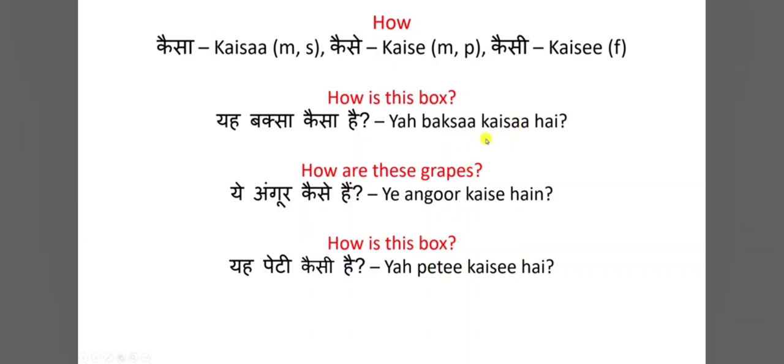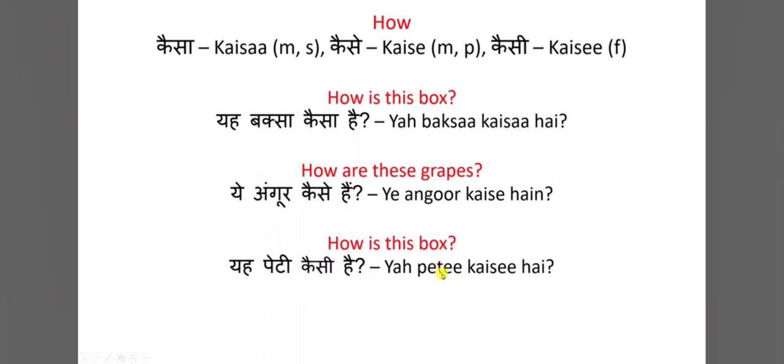In Hindi, we will have multiple words for a single English word. So box is baksa in Hindi. Box is also peti in Hindi. Baksa is masculine, peti is feminine. So depending on the word that you select, the sentence changes.